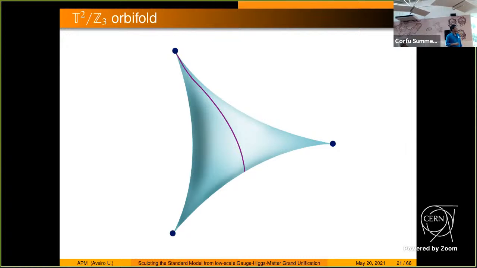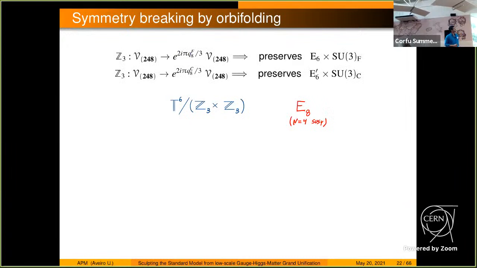Right. But this symmetry breaking by orbifolding can be done by choosing Z3s that are part of U1s that are inside E8. And this is an appealing possibility where you have two different Z3s.